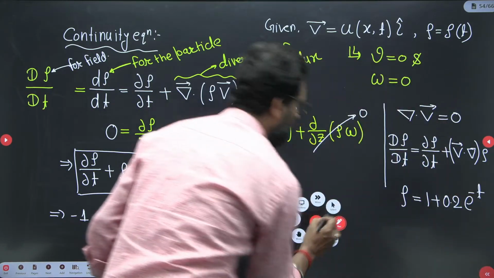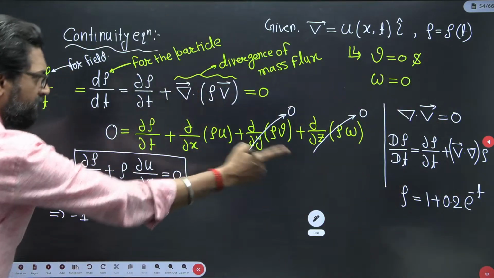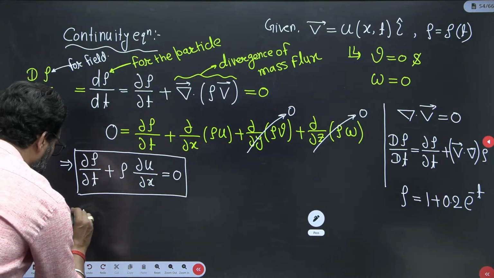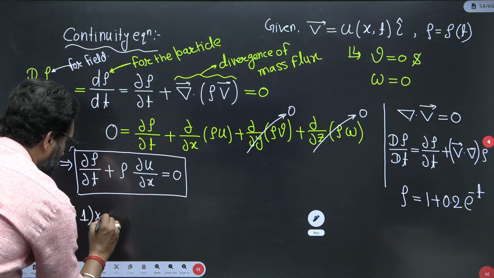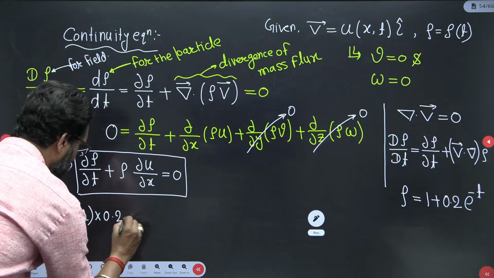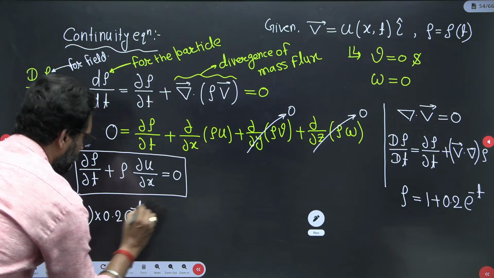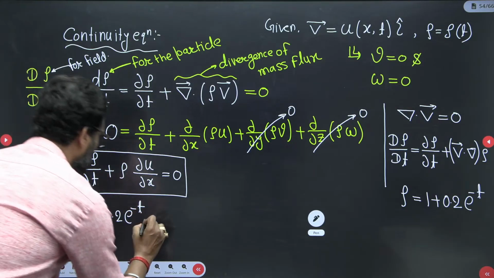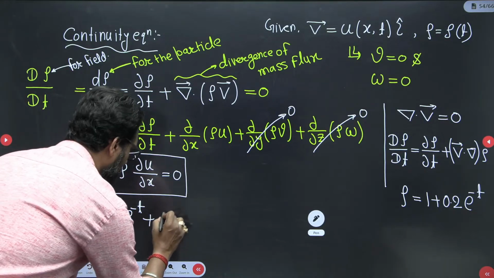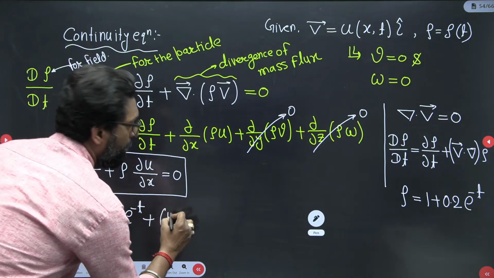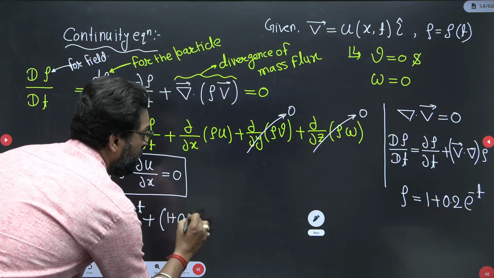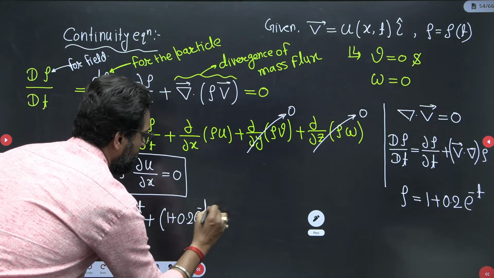Yes or not? This is the given condition. Plus density, which is 1 plus 0.2 e to the power minus t.